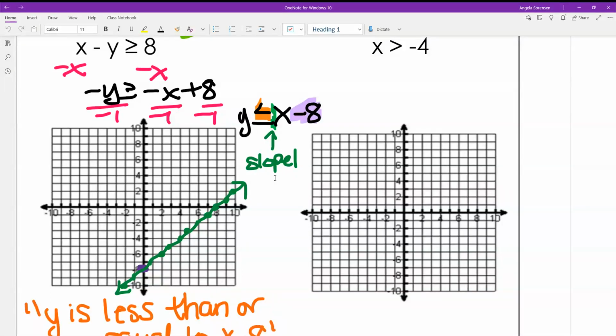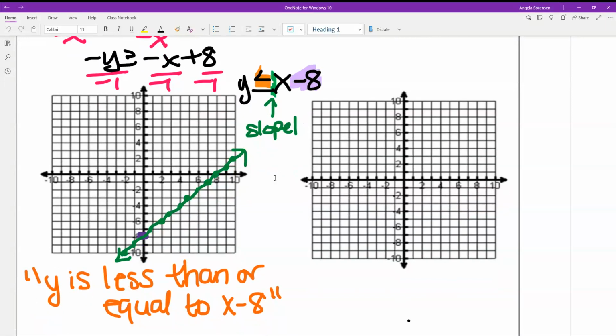So this says y is less than or equal to x minus 8. So since y is less than, I'm going to shade below my line. That's what I'm going to shade, this section here, because it's below. All the y values are less than or equal to x minus 8.